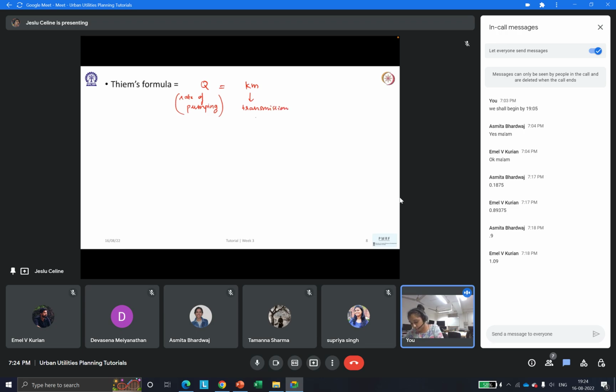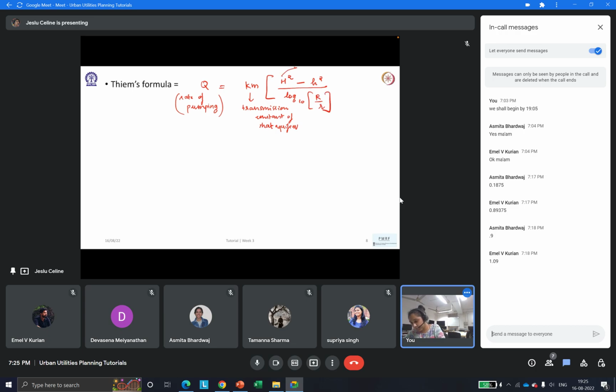It's a transmission constant of that aquifer, that is, the layer where the water is being stored. So this Km constant is of that particular aquifer, into H squared minus h squared, divided by log to the base 10 R by r.